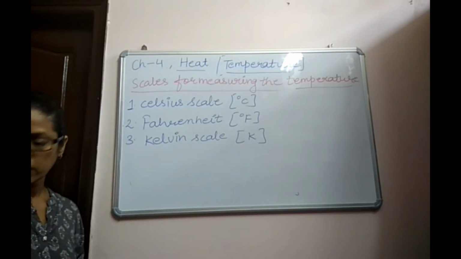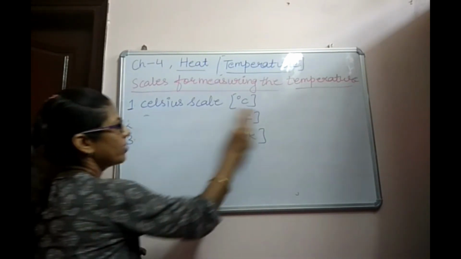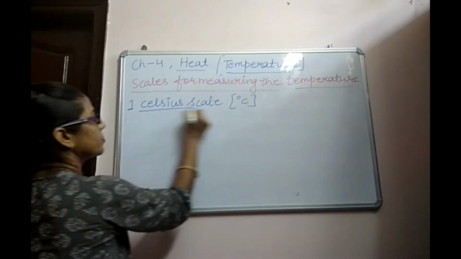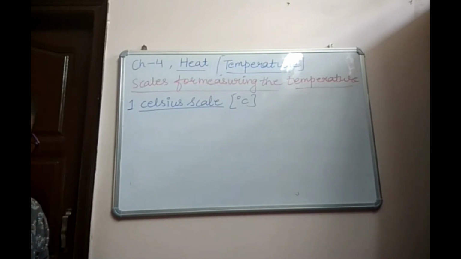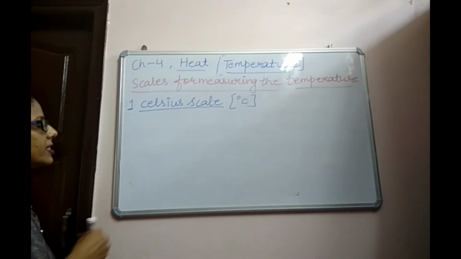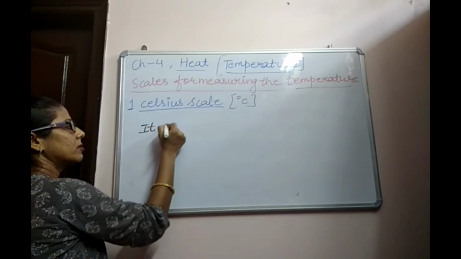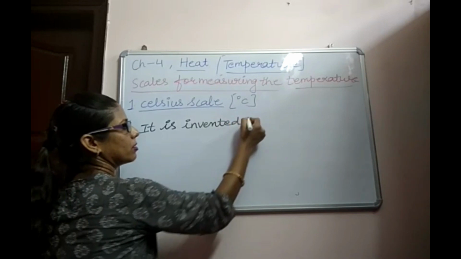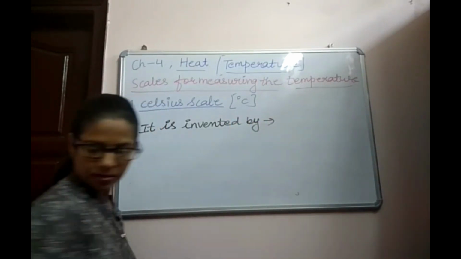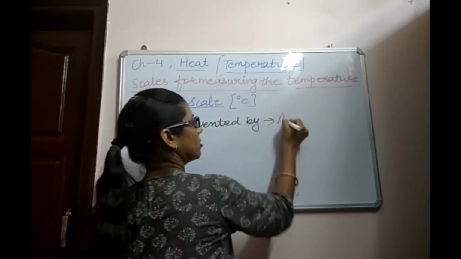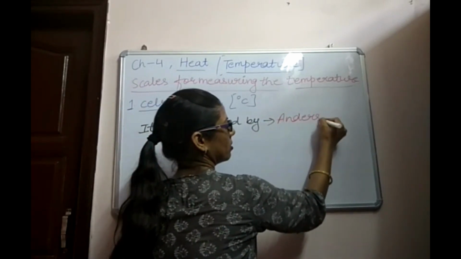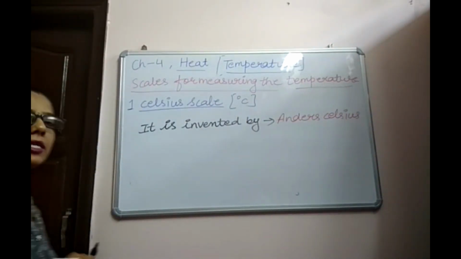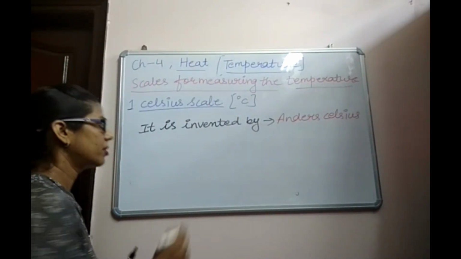Now we will discuss each scale one by one. The very first scale is the Celsius scale. It was invented by Anders Celsius, and that's why the scale is named Celsius after its inventor.